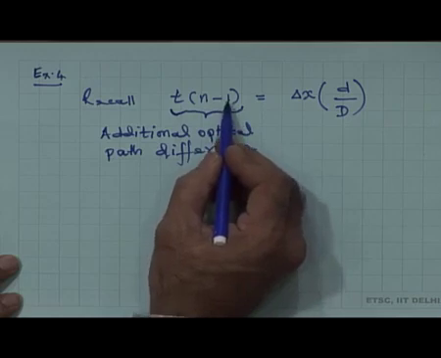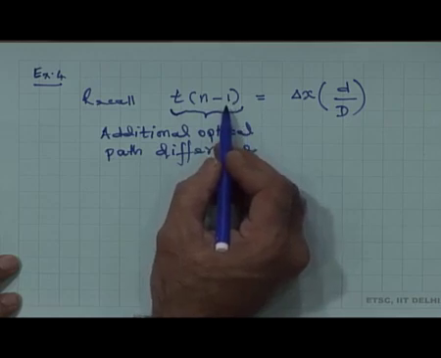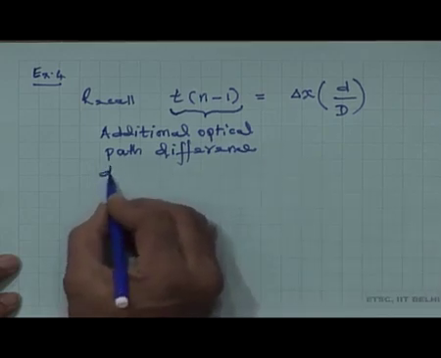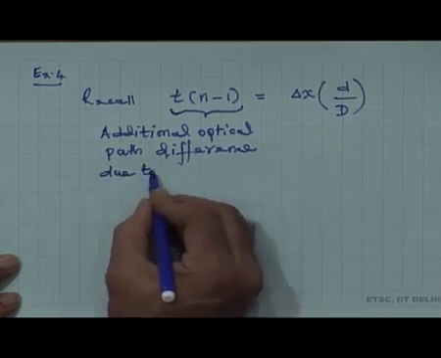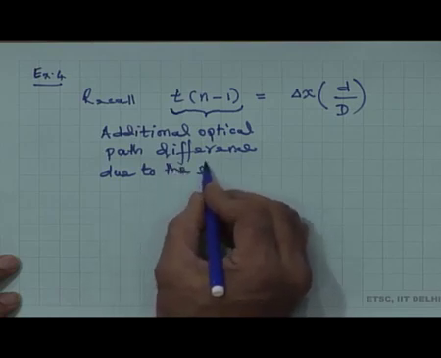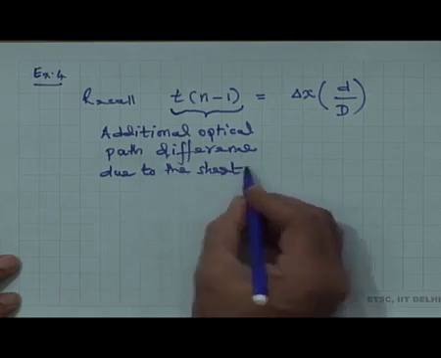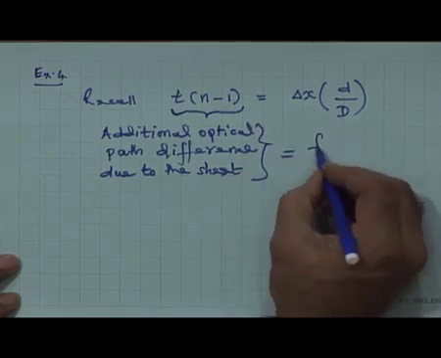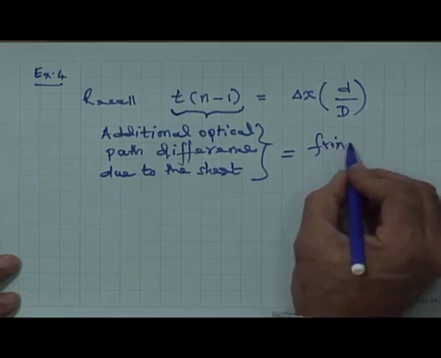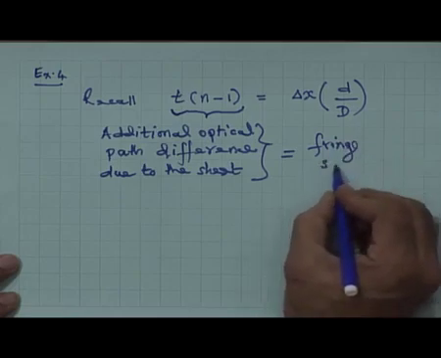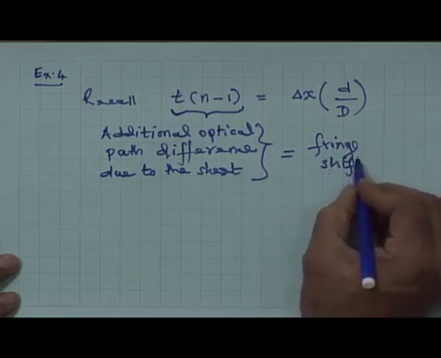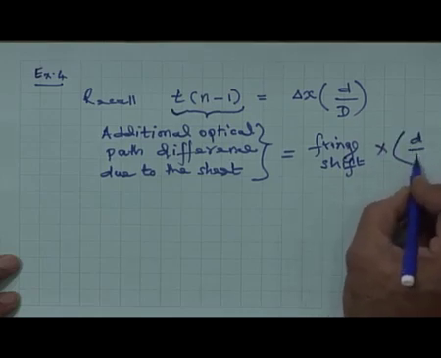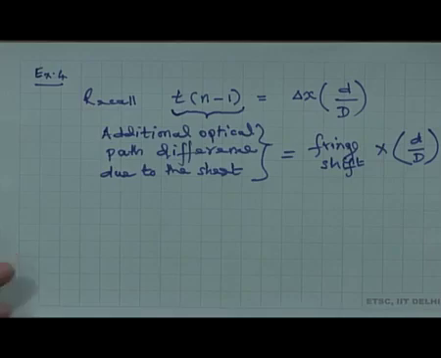Here 1 is the refractive index of air, that is, if the film were not there. The difference due to the sheet will be equal to the fringe shift into d by D. How did we get this?